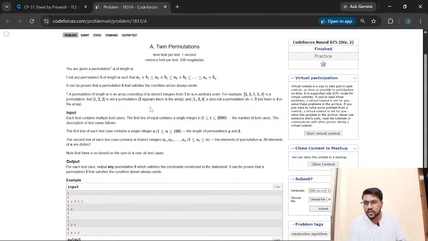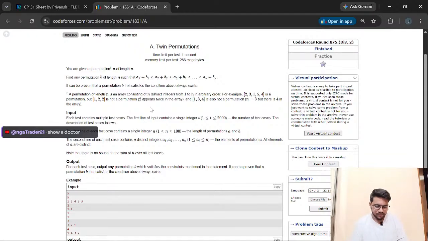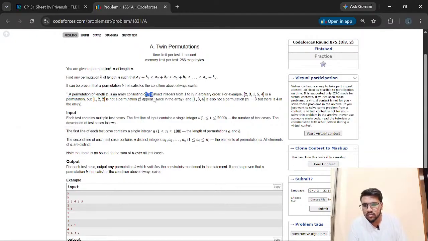Find any permutation B of length n such that, okay, a permutation of length n is an array consisting of n distinct integers from 1 to n in arbitrary order.